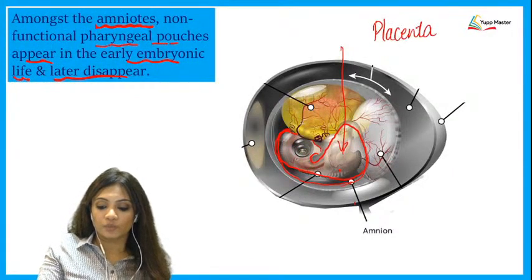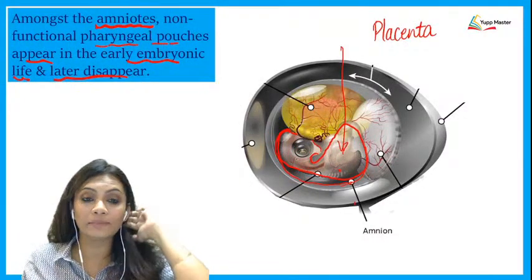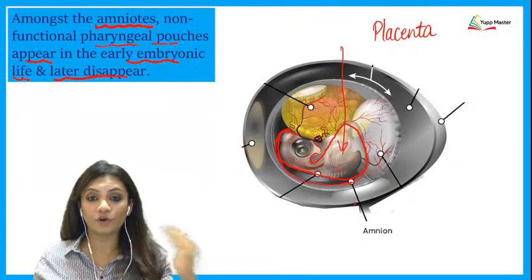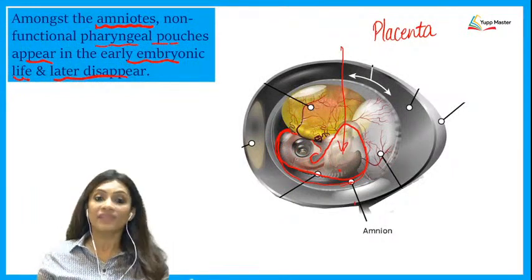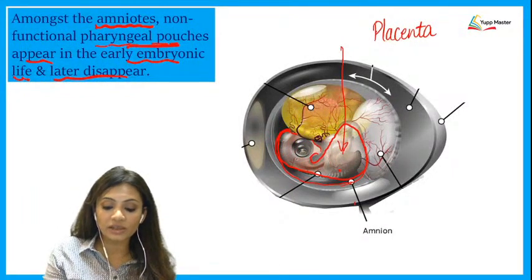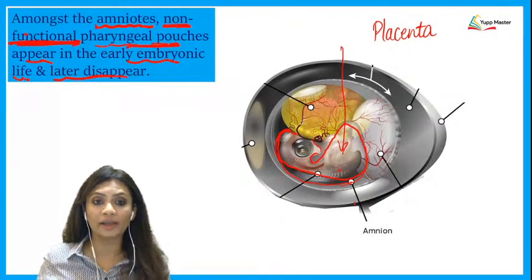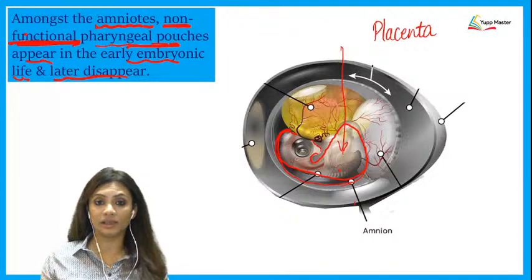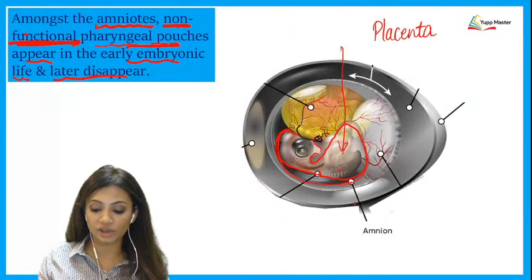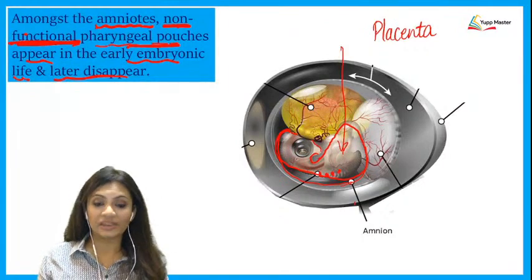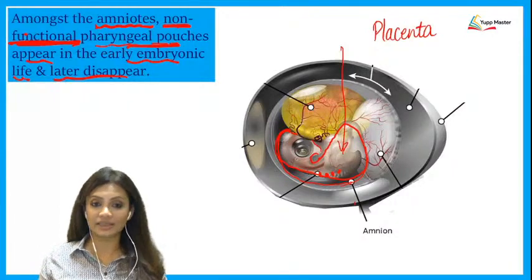Okay, so these amniotes have a placenta present for exchange of gases. That's why their pharyngeal pouches here are said to be non-functional, because they are not going to be doing the work of respiration at all. So in the early embryonic stage the pharyngeal pouches are present, but later on they disappear.